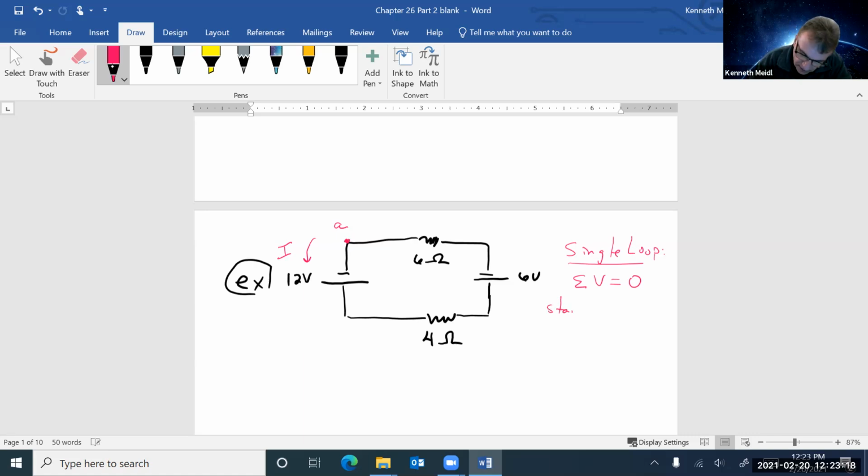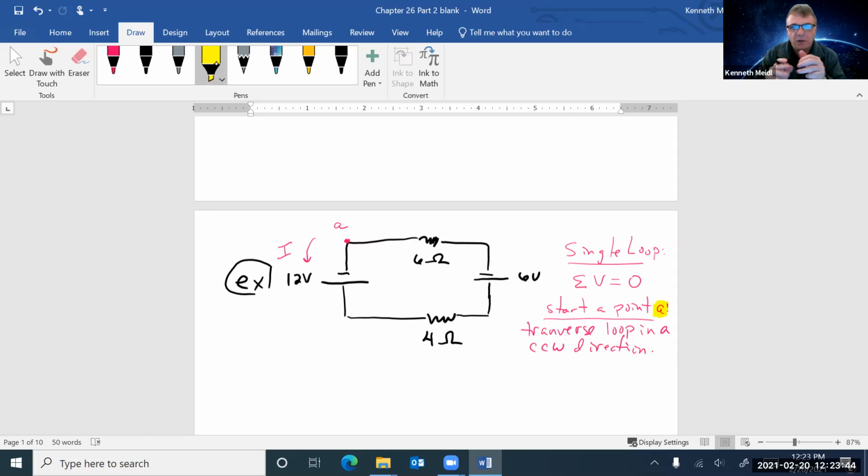So I'm going to start at point A, and you can start anywhere you want. And I'm going to traverse the loop in a counterclockwise direction. The choice of starting at point A will make no difference at all to your solution.